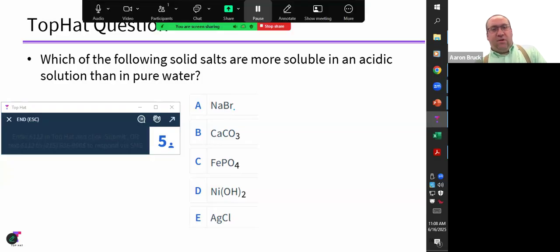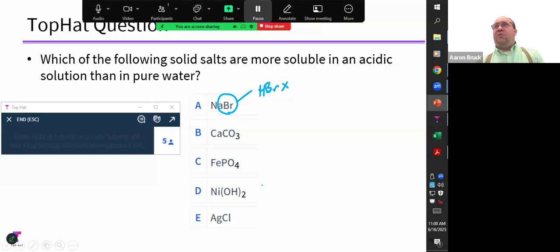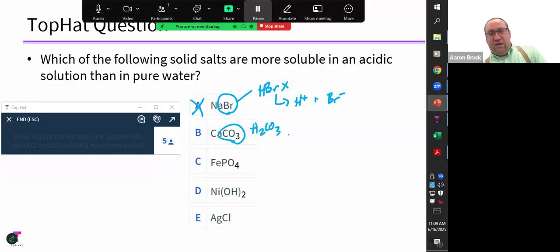So I need to be looking at the anions here and going, okay, HBr, that's not a good one. Hydrobromic acid is strong. All it's going to do is just give me H plus and Br minus all over again. So that's really not going to help me out at all because I need it to remove something if I'm going to make it more soluble. So we can throw A out. For the carbonate, we get carbonic acid.